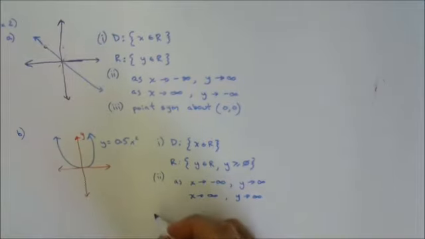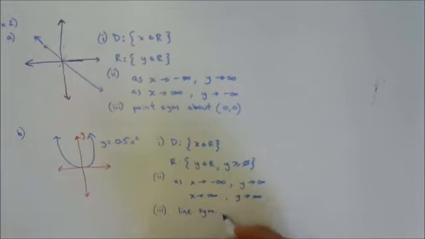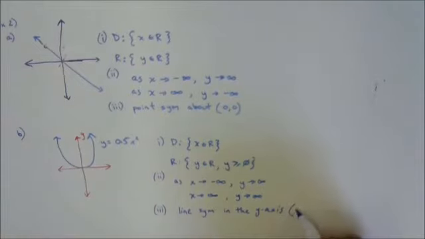And symmetry? There's line symmetry along the vertical, the y-axis. You could also call that line x equals 0. Good.